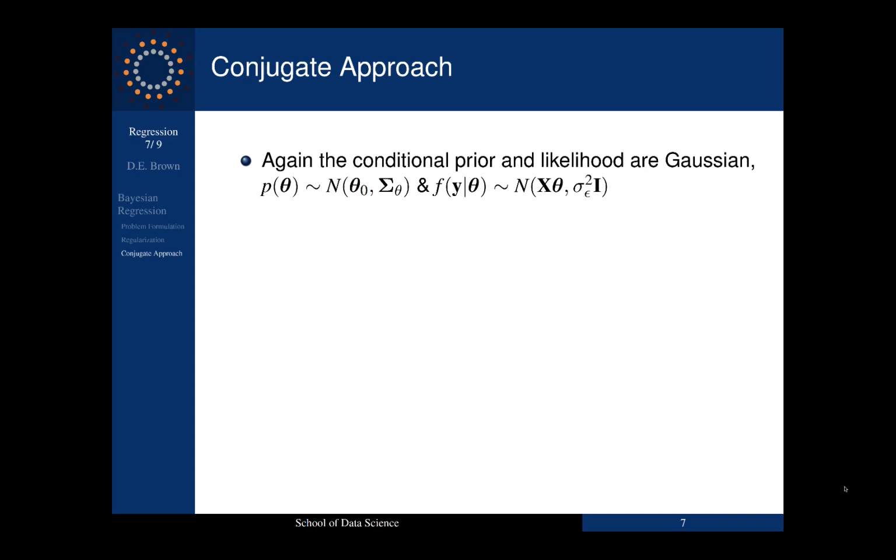And what we're doing here is we're just rewriting what we assumed about the prior and the likelihood, that they're both Gaussian.